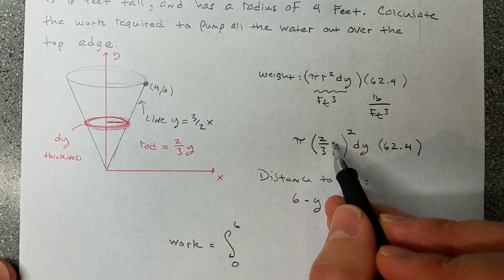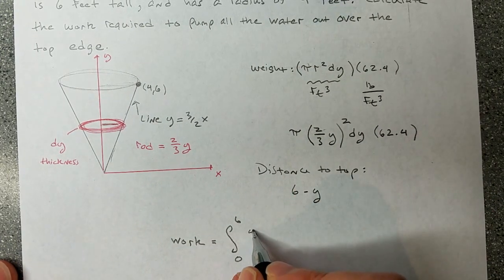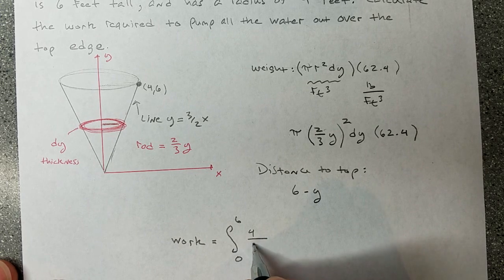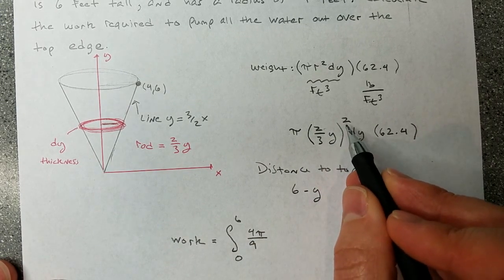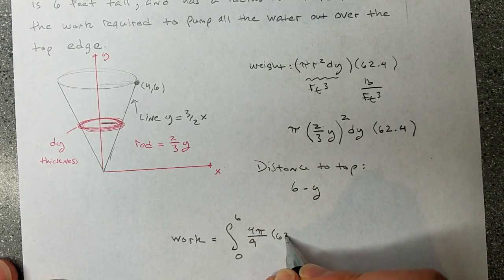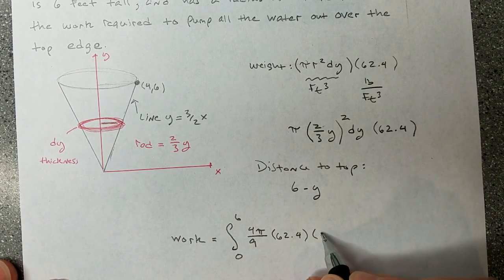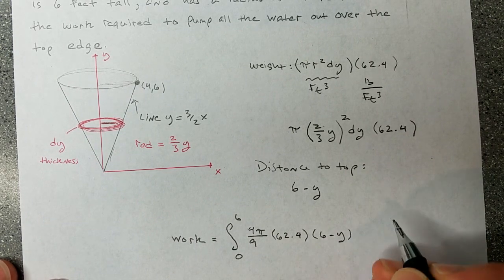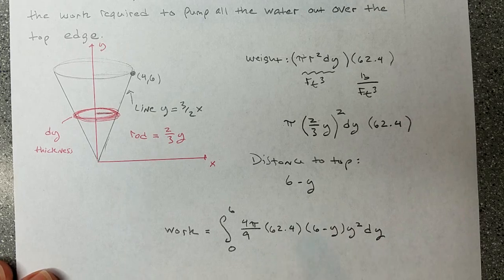As far as numbers go, I'm going to get 4 over 9 pi from 2/3 squared. I'm also going to get 62.4, 6 minus y, and y squared and dy. I think that accounts for everything.